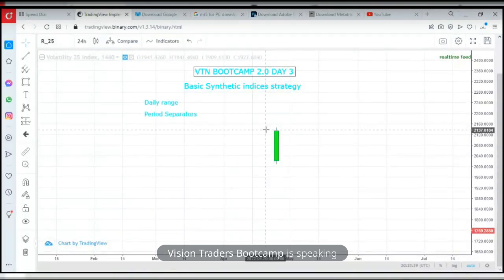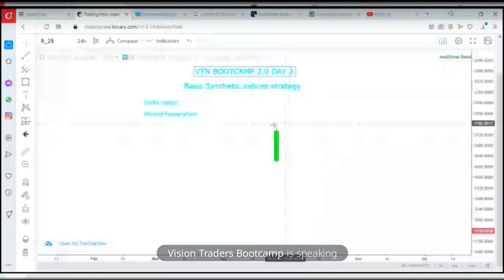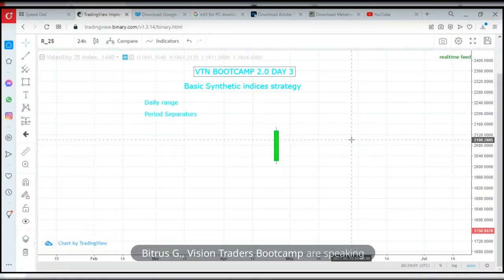Open is the very first point the candle started with on that particular day, where price started counting from. The high is the highest point price ever got to. The low is the lowest point price ever went to, and the close is the closing price for the day.